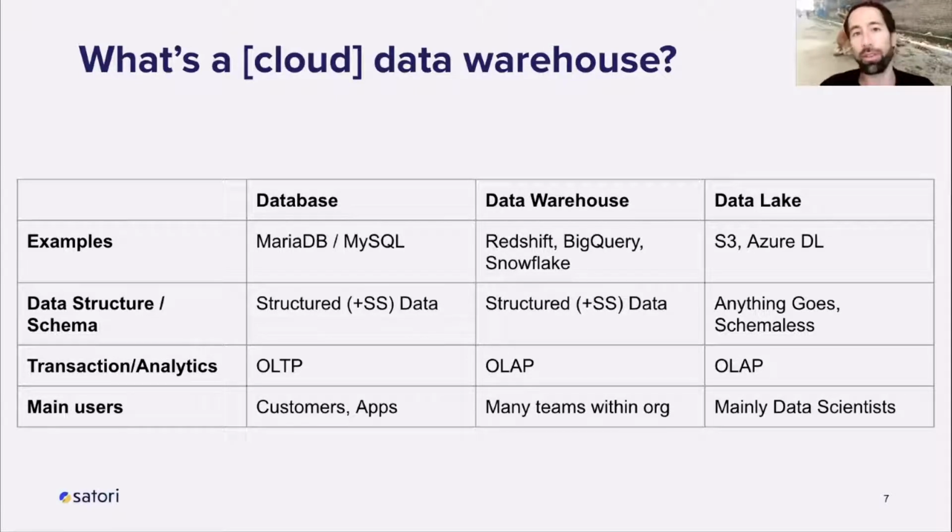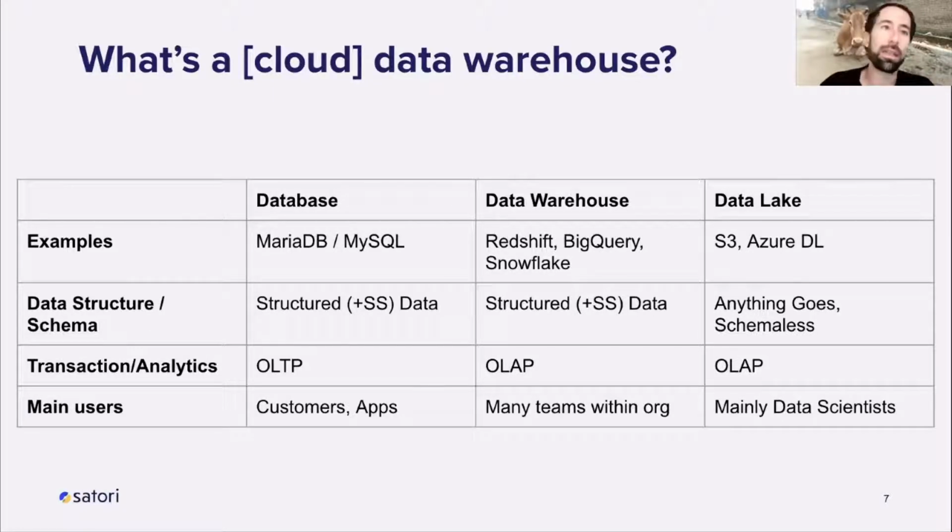A data lake, on the other end, the rightmost column, like S3, like Azure Data Lake, is the idea that anything goes in there. You flush all your data, the logs, everything. You're sending it to a data lake. Some of it is somehow structured, for example, in Parquet files.